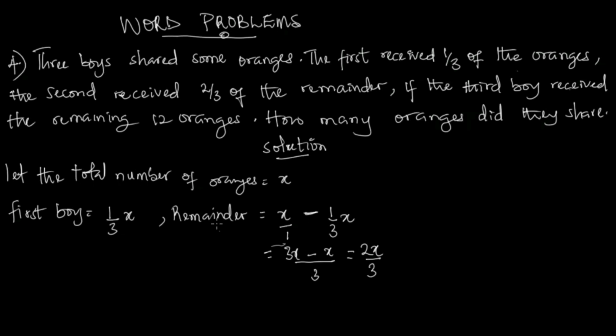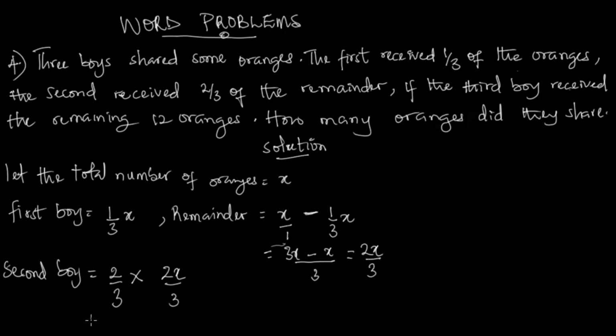Now the second boy received 2 over 3 of the remainder. Now, of means multiplication, so the second boy receives 2 over 3 of the remainder, which is 2x over 3.